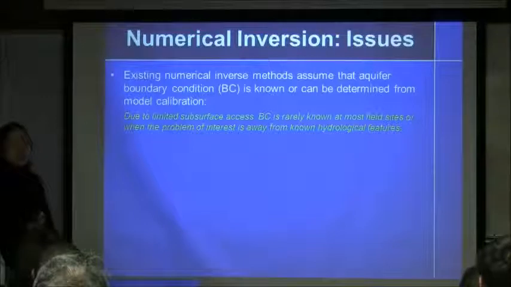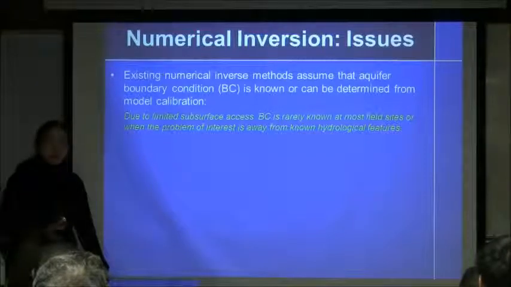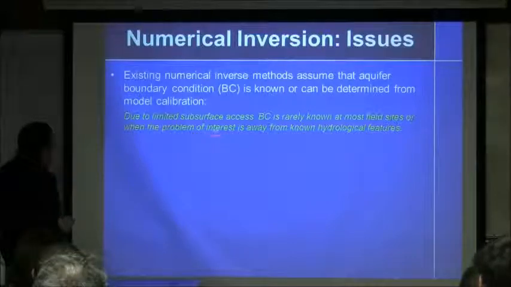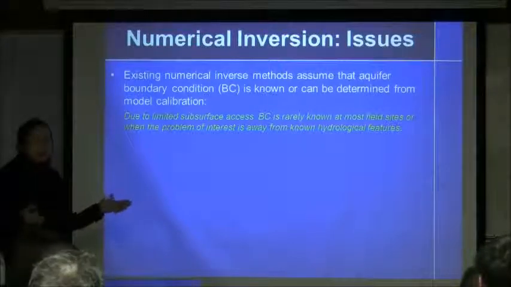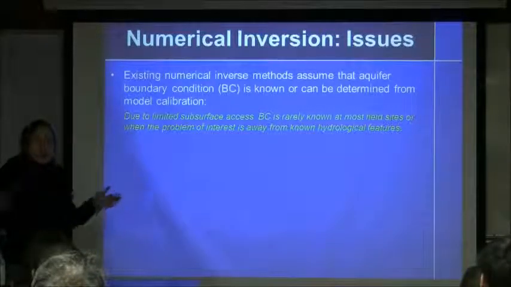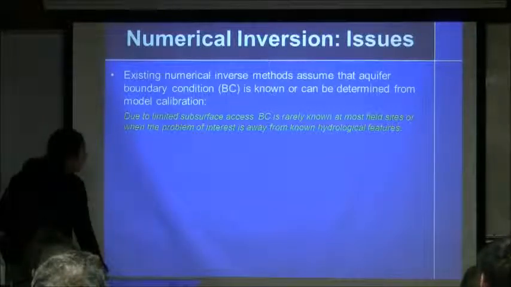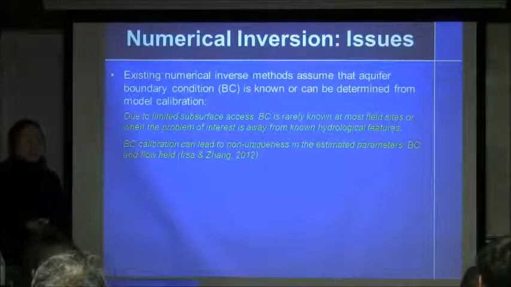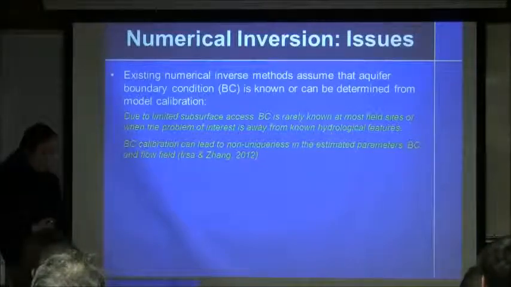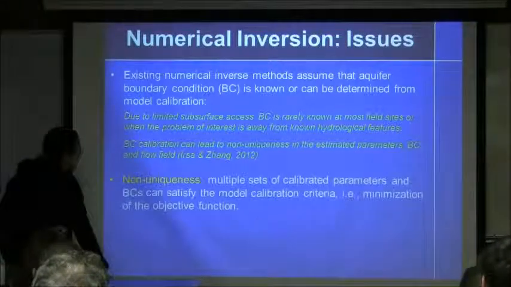In the subsurface, the boundary condition is rarely known because we have limited access. And when the problem of interest is far away from known hydrological features, so if we have an aquifer far away from the 2 lakes with known heads, we don't know the boundary condition near the aquifer. Secondly, boundary condition calibration can lead to non-uniqueness of the calibrated parameters, boundary condition, and flow field. I will show you what I mean next.